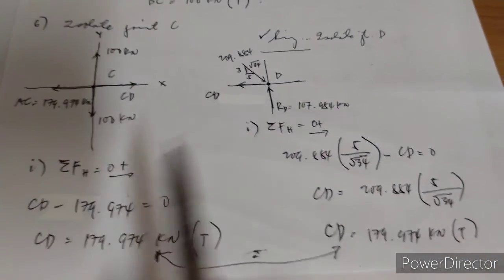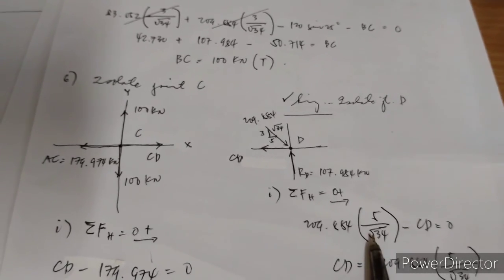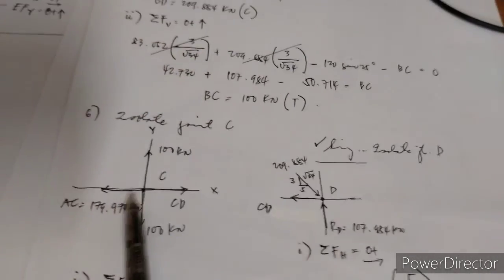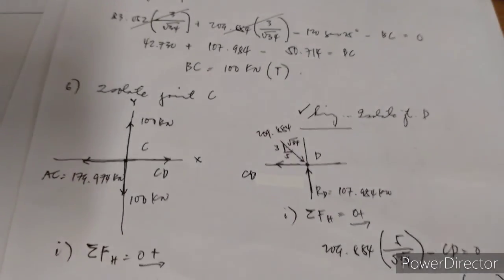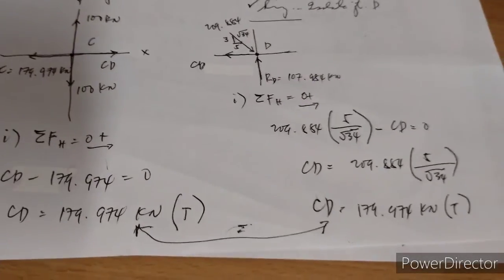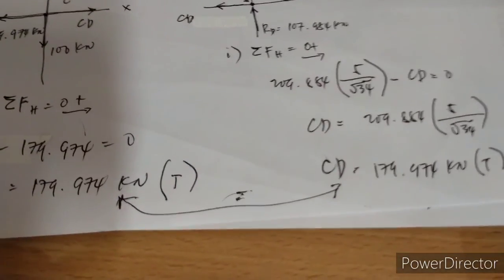Meaning if you use a particular joint with its data to counter check the answers at the other joint, we can do that, and if it gives us the same answer, then our process is correct. Thank you.